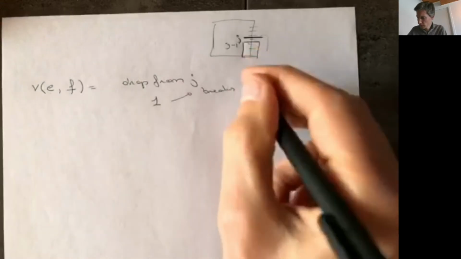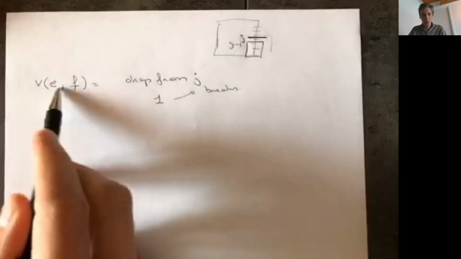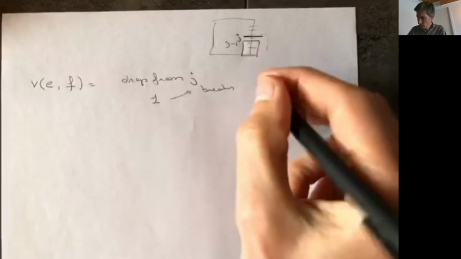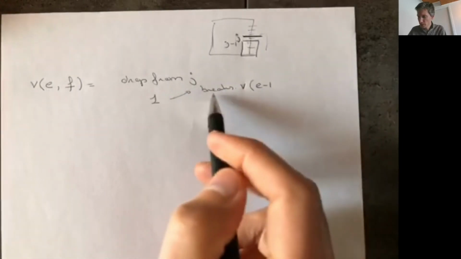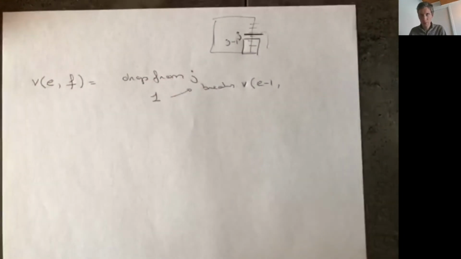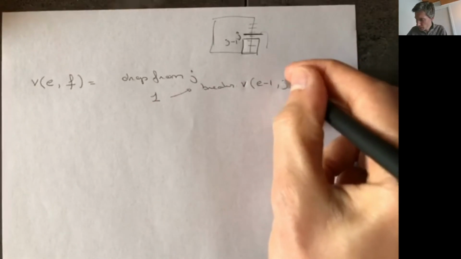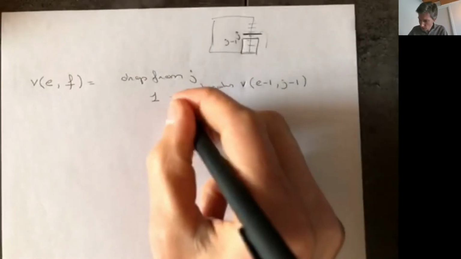Okay, and I already know how many trials I need to do there, right? Basically I need to do E minus 1 because my egg broke, right? I have 1 egg fewer left, and now I have a building of J minus 1 floors, the smaller one.